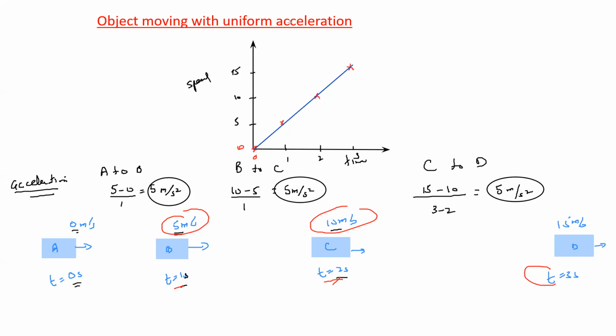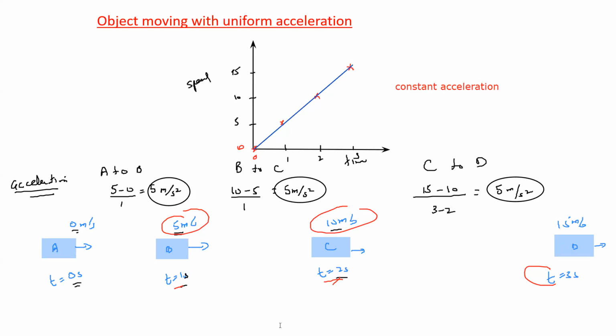So for a speed-time graph, whenever in a question they give you the graph and they say explain the motion, if it is a line with a constant slope, it means it is having a constant acceleration. Is it clear? The concept of constant acceleration means the constant change in the speed.